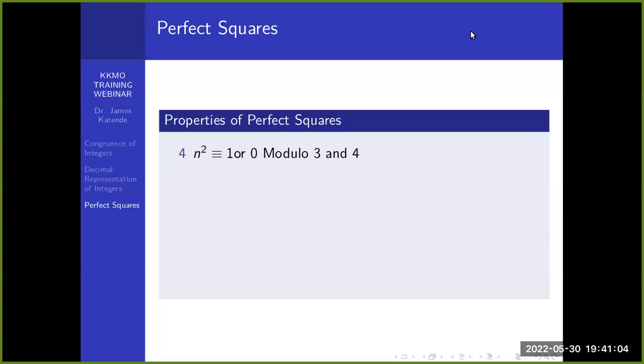We're still looking at more properties of perfect squares. Also, any perfect square will leave remainder 1 or 0 when divided by 3 or 4. So it can't have any other remainders.